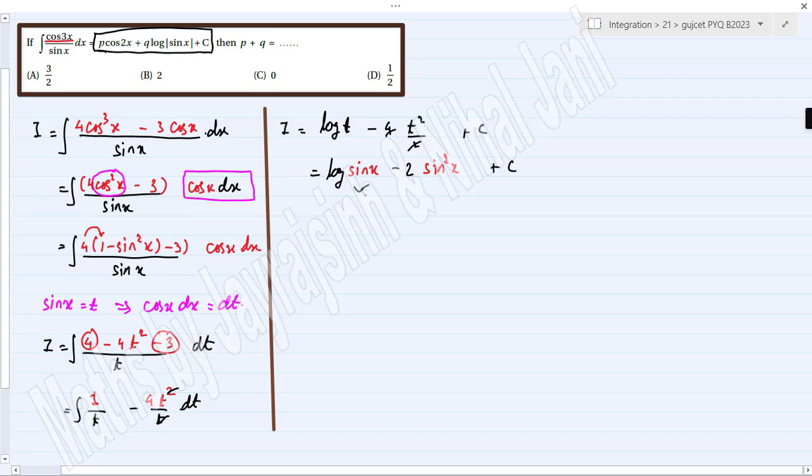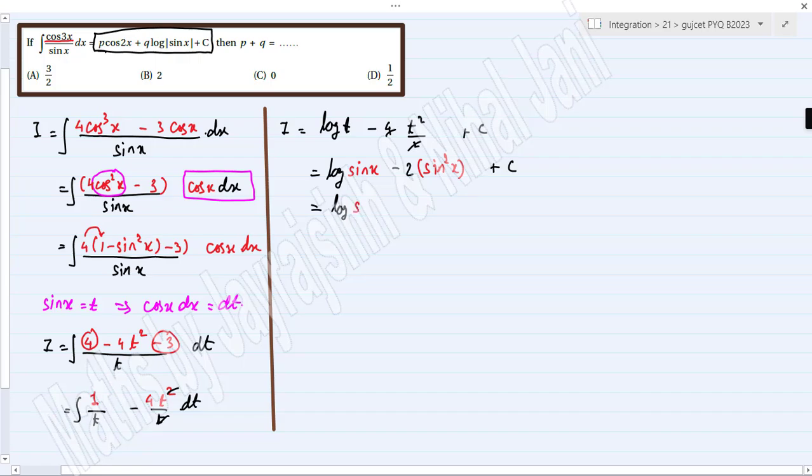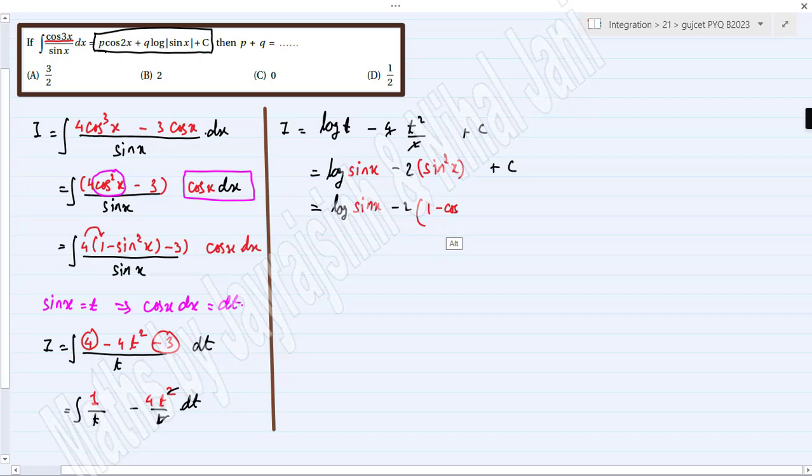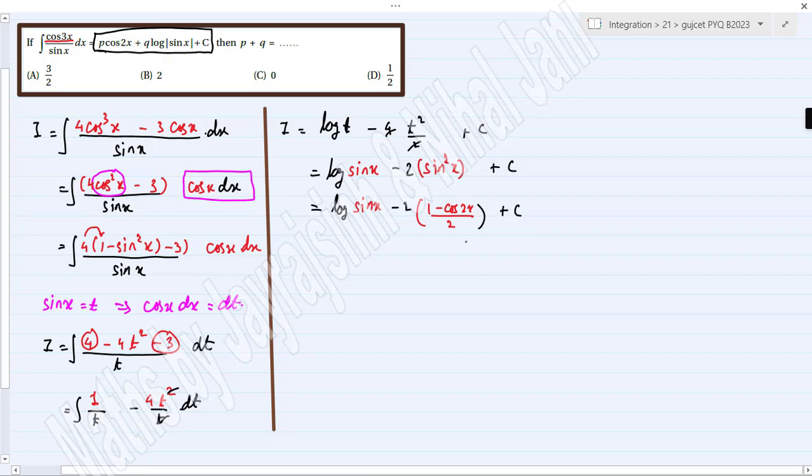We already have log sin x, we just need cos 2x, and for that we have to convert this sin square x. So let's say log sin x will be as it is, and sin square x will become 1 minus cos 2x, whole divided by 2, plus c.